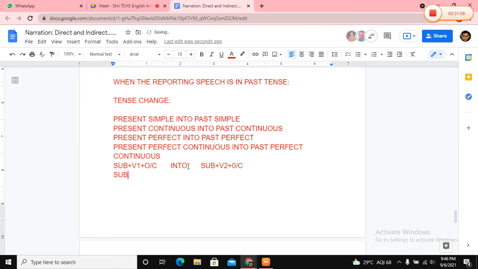Subject plus do/does plus not plus v1 into subject plus did plus not plus v1 plus object complement.